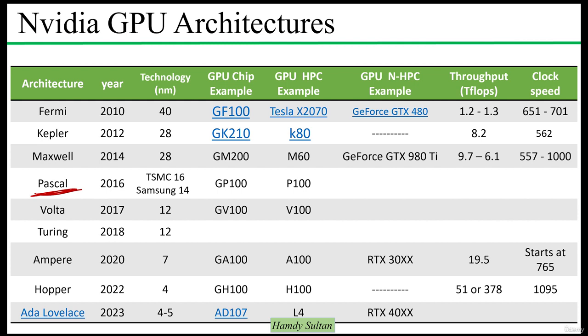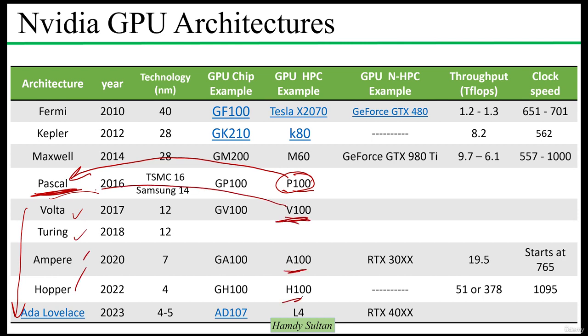pattern that includes a letter followed by 100. Thus, in the Pascal architecture, the GPU name is P100, where P refers to Pascal. This trend continues with Volta, Ampere, and Hopper. They are labeled as V100, A100, and H100.